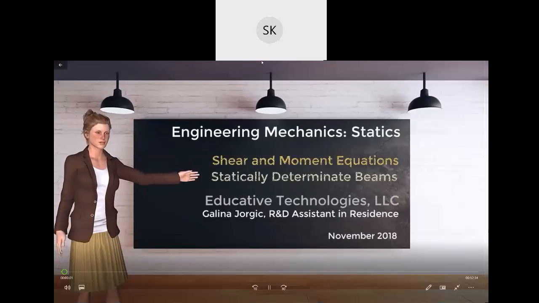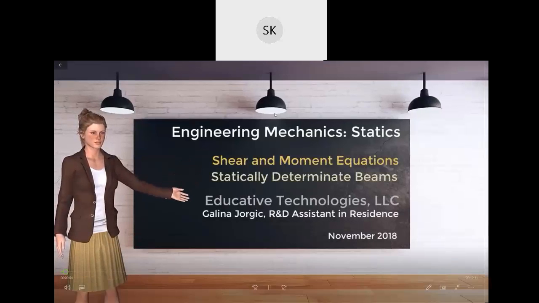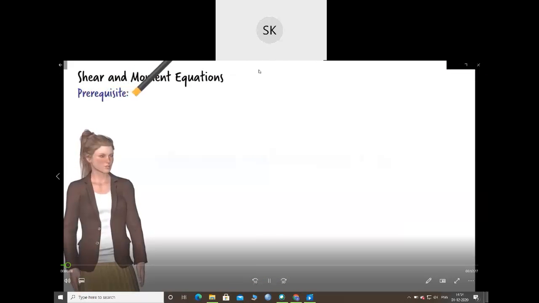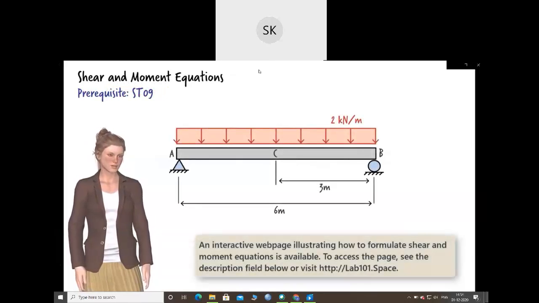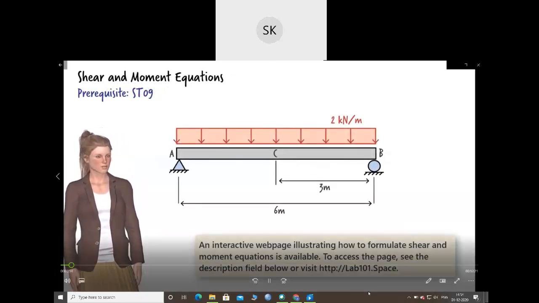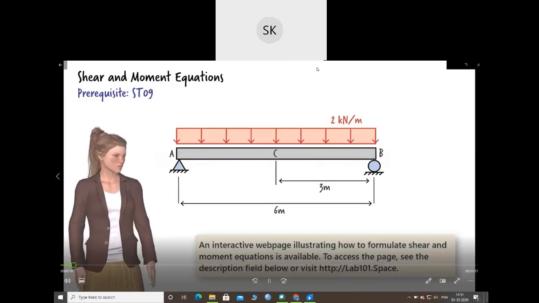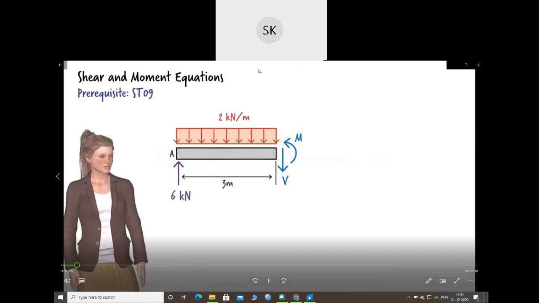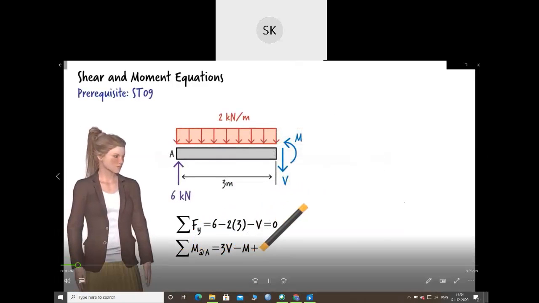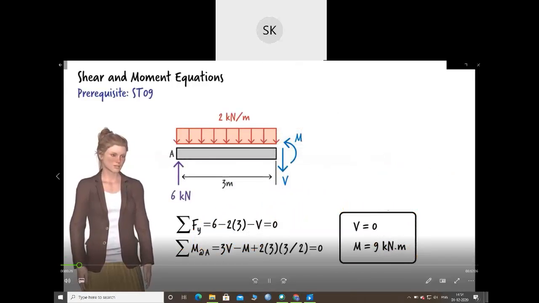Shear and moment equations. In the previous lectures, we talked about shear and bending moment in beams and how to calculate them at specific points. For example, given this beam, we can determine shear and moment at C by first determining the support reactions and then by cutting the beam at C and writing equilibrium equations for segment AC.